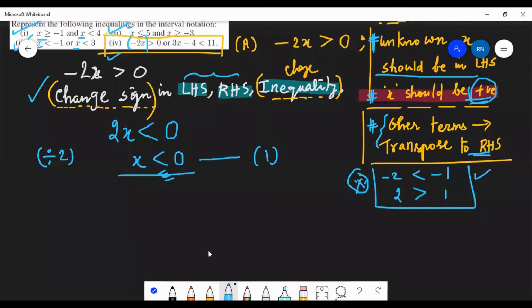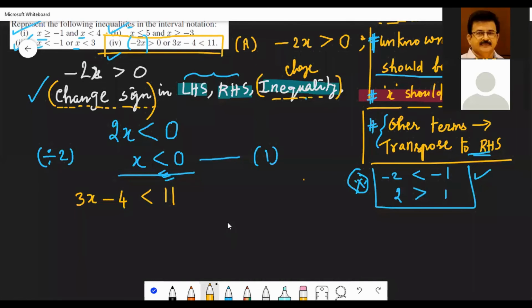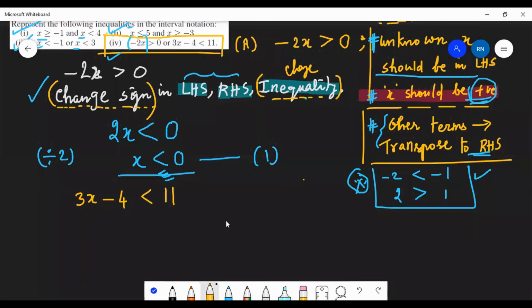What is it? It says 3x minus 4 is less than 11. So now go through our tips and rules for solving. Unknown x on the left: make sure, yes, it is there on the left side. Is it a positive term? Yes, it is positive.